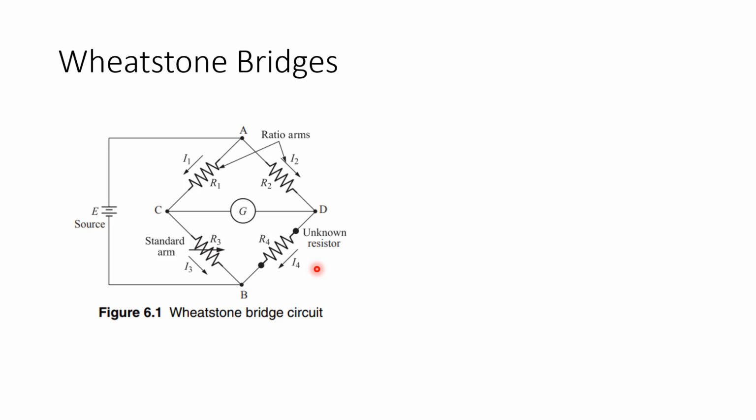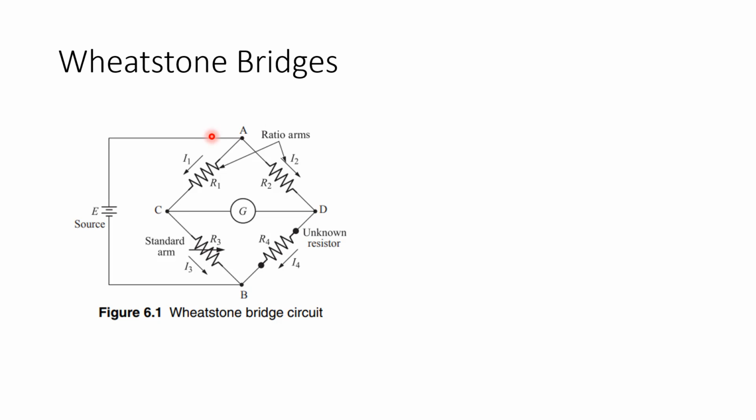So we connect R1, R2, R3 and R4 using this circuit to the source E here. Then we have the galvanometer between point C and point D. The bridge is said to be balanced when the potential difference is 0.